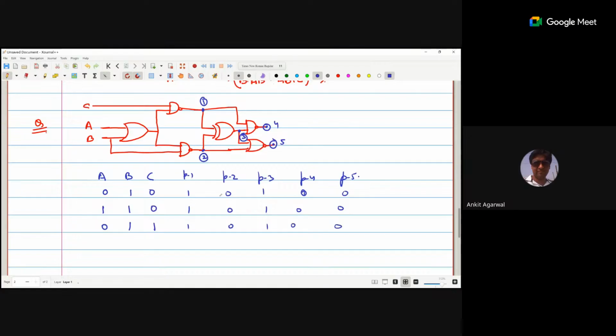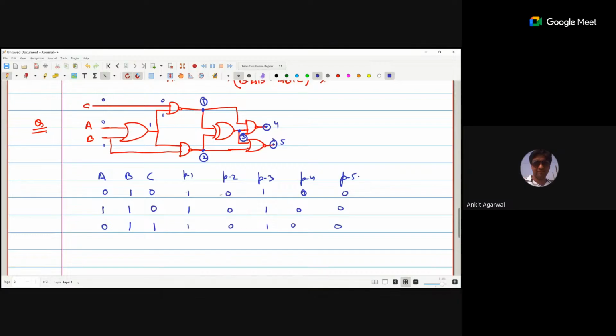I just take the first condition: C is 0, A is 0, and B is 1. So here we are getting a 1, and this is the 0. So P1 we are getting a 1.